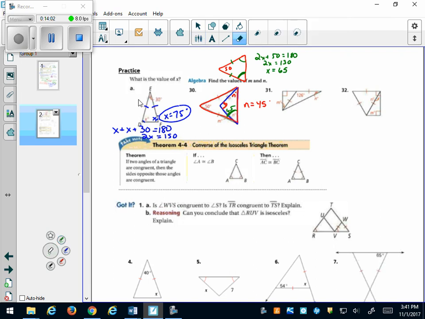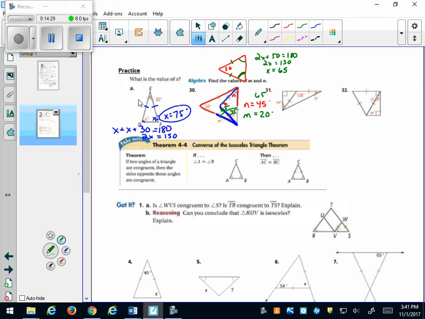The whole thing. But you can see we're looking for m. M is just part of that 65. So if the whole thing is 65, and this little piece we said is 45, then we're going to subtract to get m. It's 20.